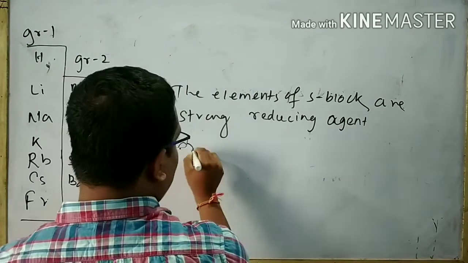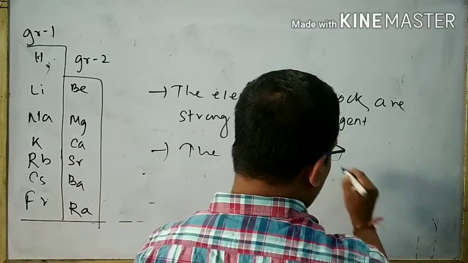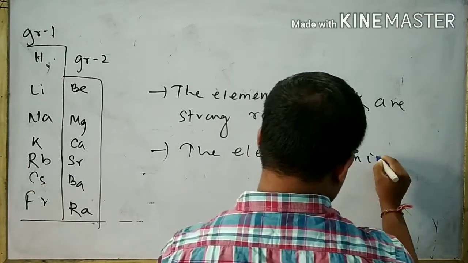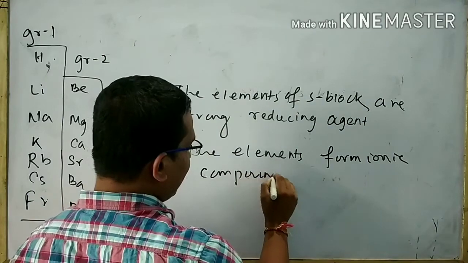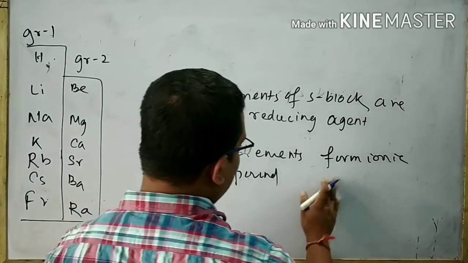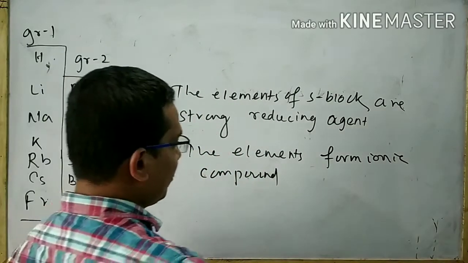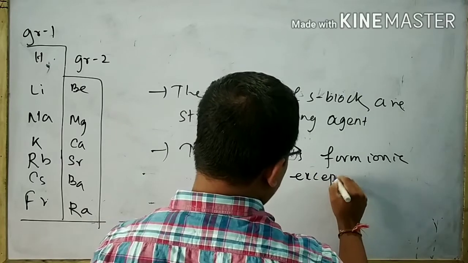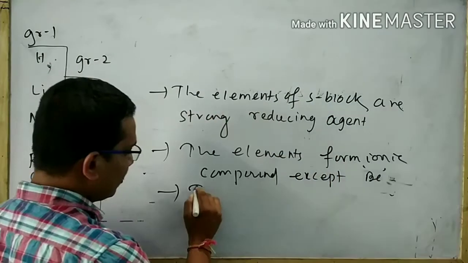The s block elements form ionic compounds because s block elements are strongly electropositive. So we can write the elements form ionic compounds except beryllium.